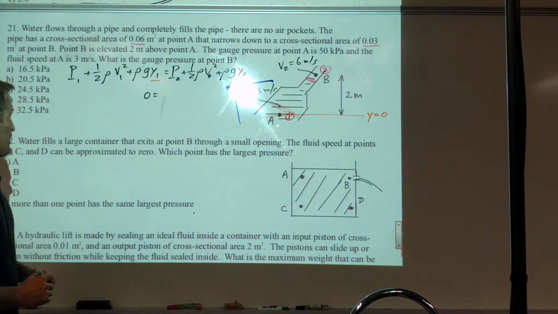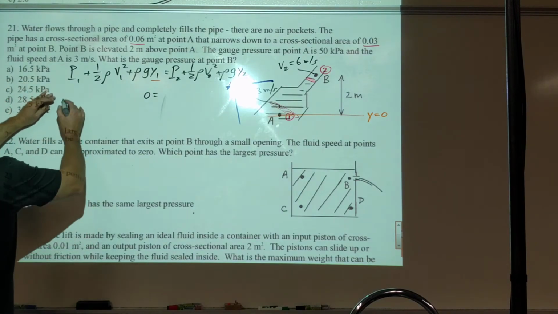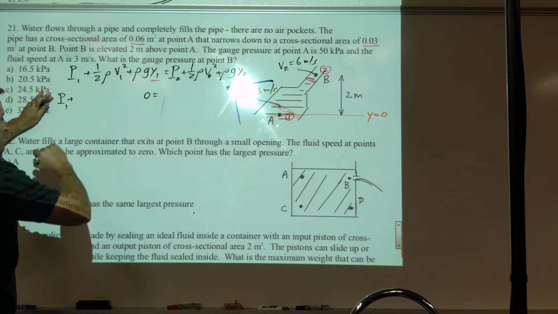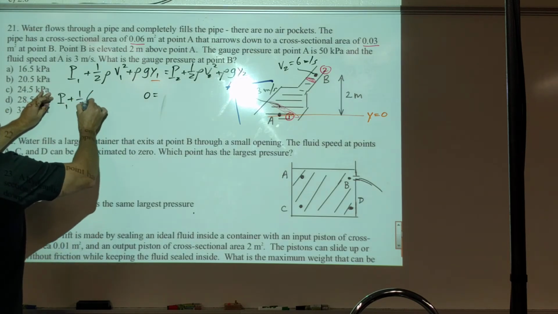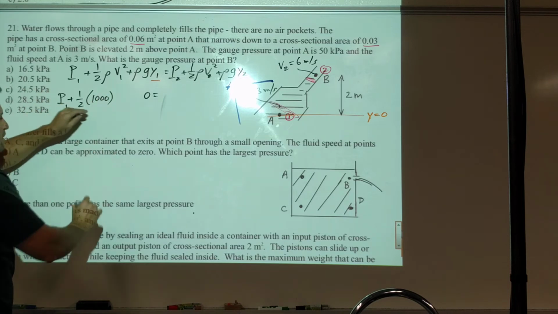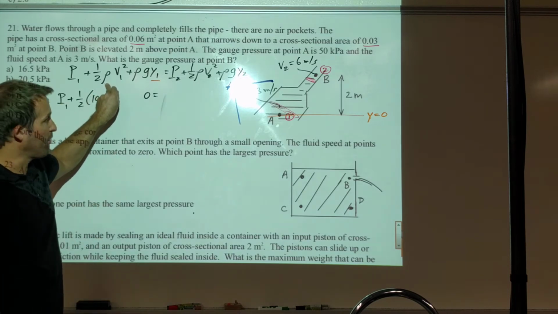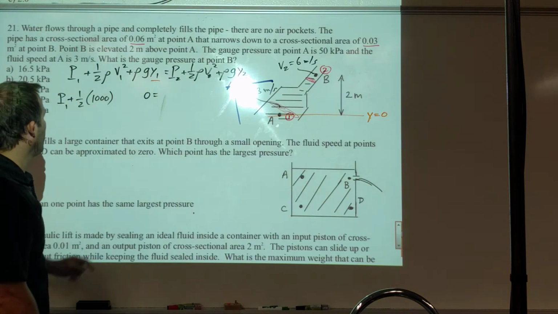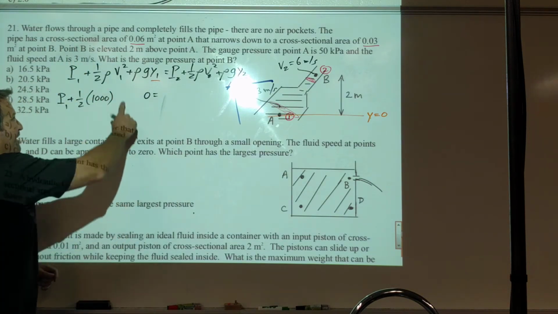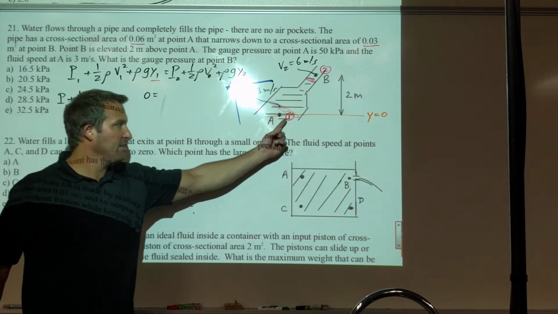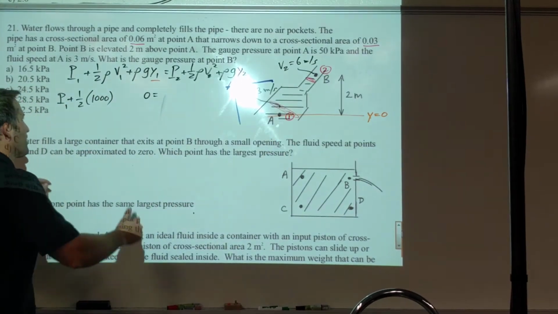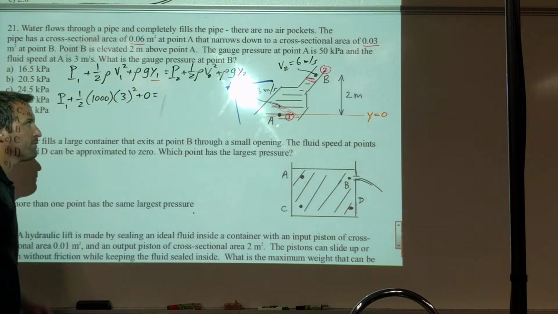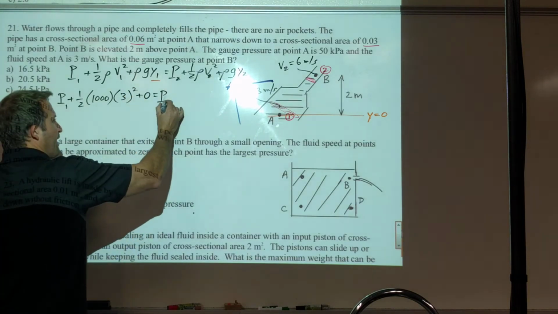So what other information can we plug in here? Well, we do have a bit. We have our pressure at point 1. What's the density of our fluid here? We're considering water. Water has a density of 1,000. And the speed of the fluid at point A is 3 meters per second, so we're going to square that. Over here, we've got the pressure at our point 2.